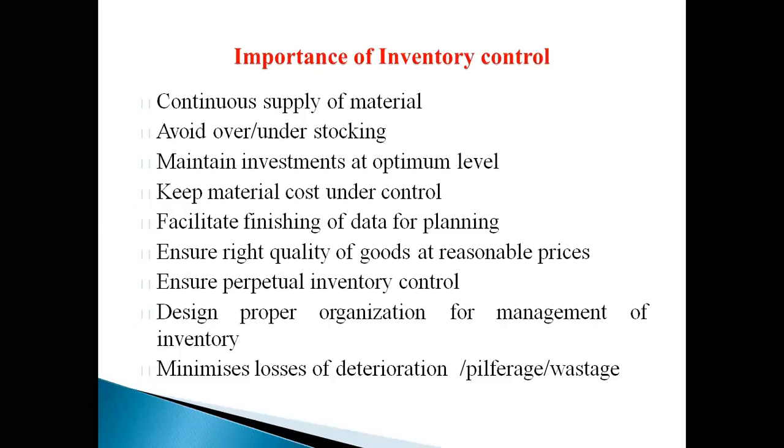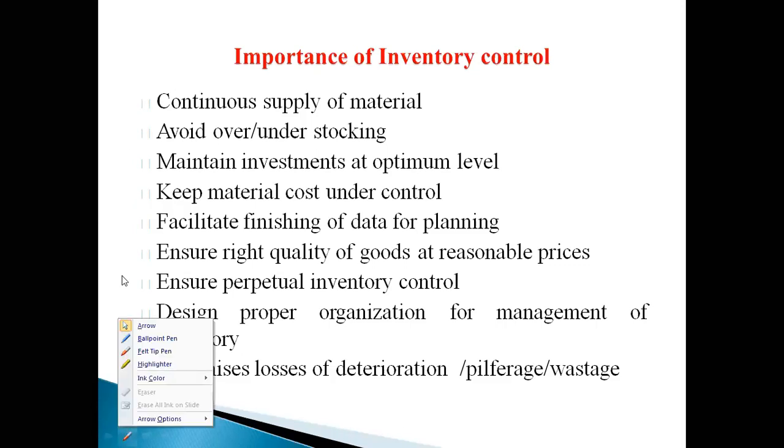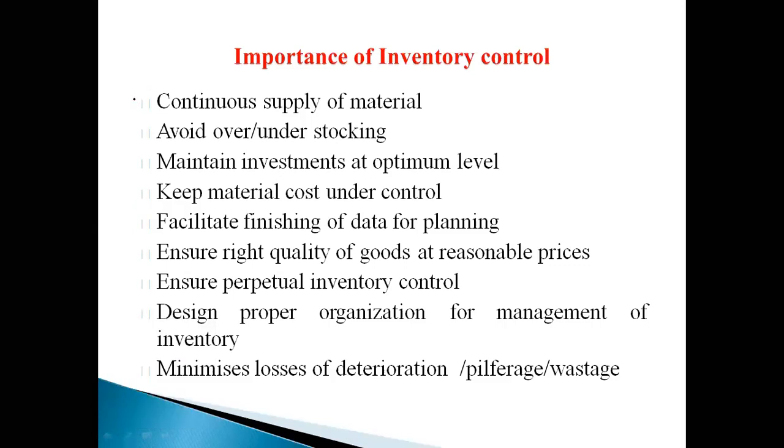In that, first importance: continuous supply of the materials. There are no stock out positions occurring in our stores. So, continuous supply of the materials. Avoid over and under stockings.